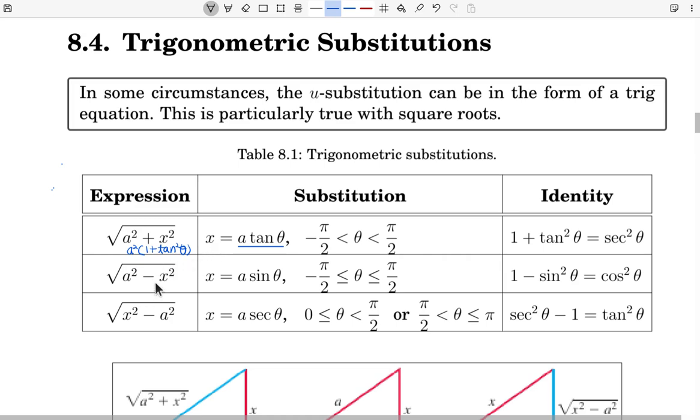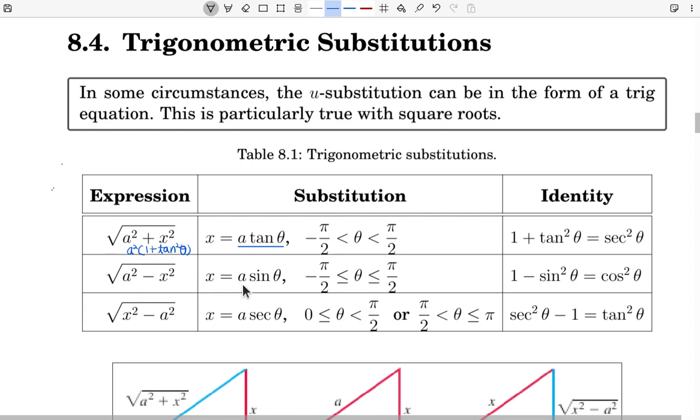Now, for the second one, look at that one. Here, a squared minus x squared inside the radical cannot be negative. So x squared cannot be larger than a squared. The sine function has a value between minus 1 and 1, so if we use a sine theta for x, then it is always bounded.